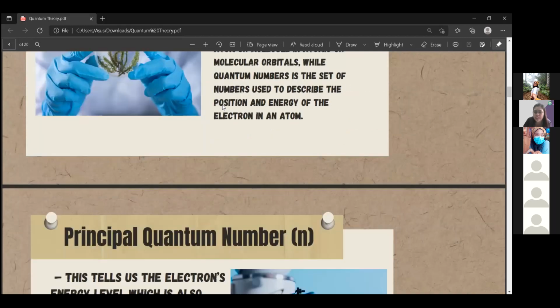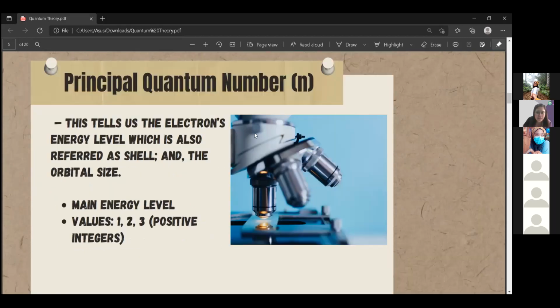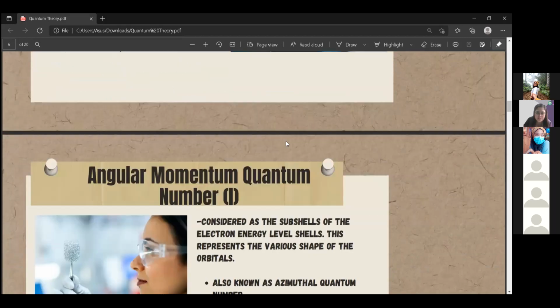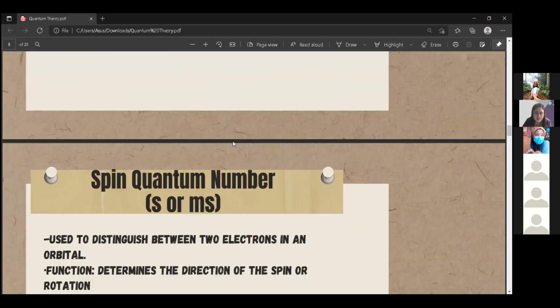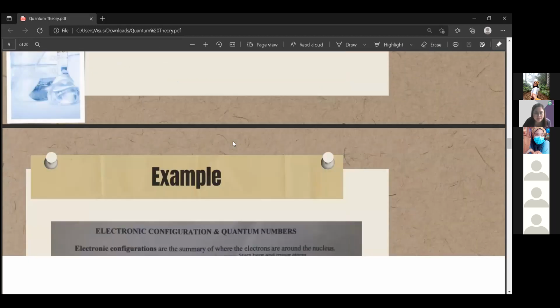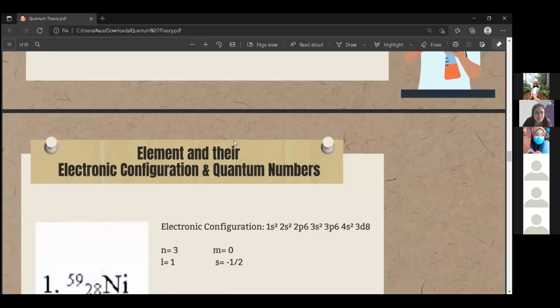So we have what we call energy shells. Let me start with the electron configuration first. Let me go to the slide with the electron configuration. There.